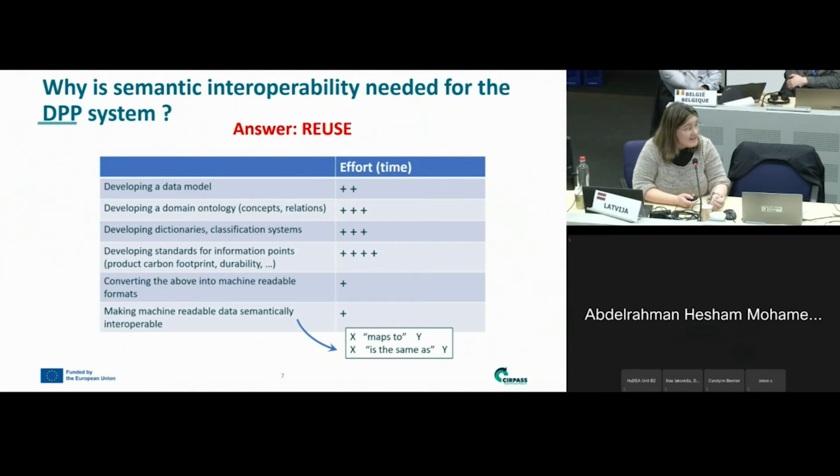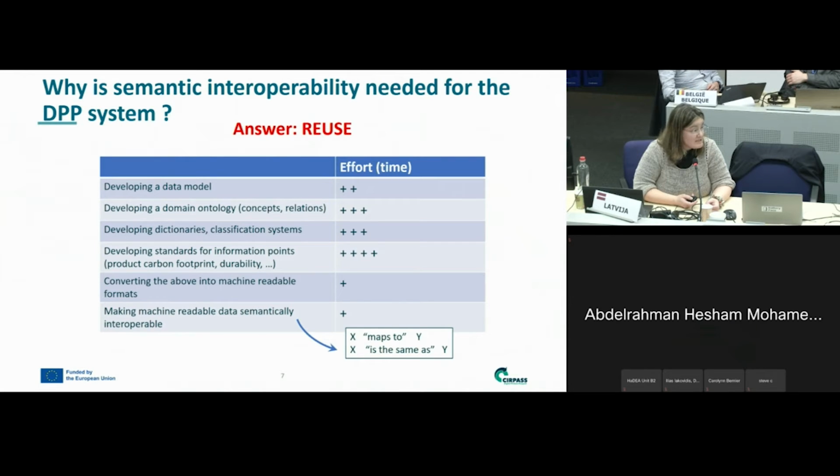So why is semantic interoperability needed for the DPP system? The answer is simply reuse. The reason for this is that developing a data model, whatever data model, developing domain ontologies, developing dictionaries and classification systems, this takes a lot of time and effort.